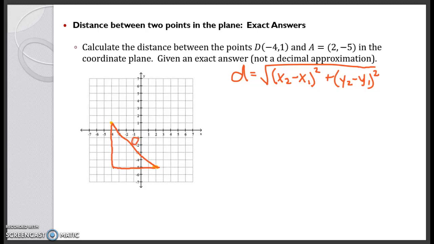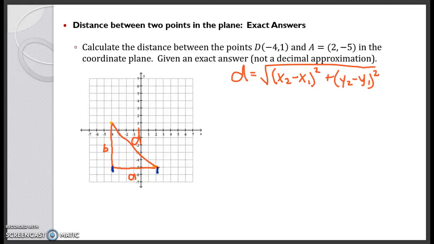Now remember, this is D, right? These are our side lengths. Let's call them A and B. Now how do we get the side length A? Well, the side length A is in between these 2 points, and the x value, if we count them, is going to be 1, 2, 3, 4, 5, 6, right?